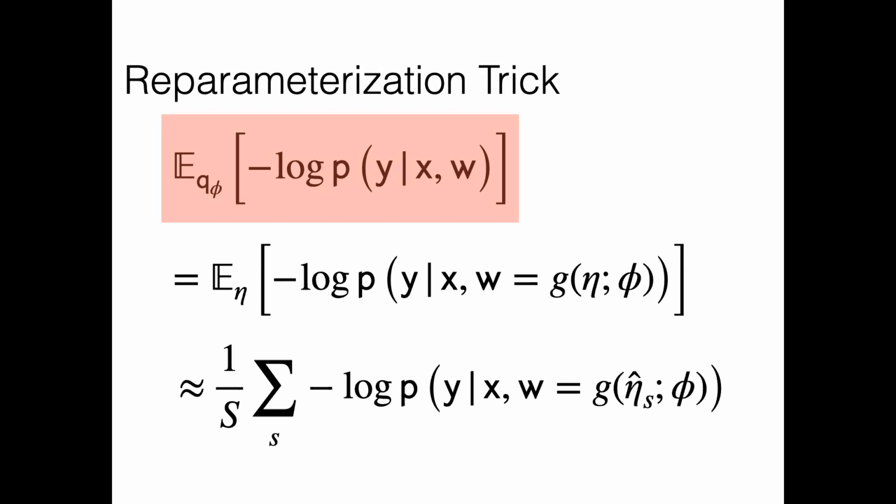If you assume we have some transformation that says, give me some random number from a fixed underlying distribution, and I transform it through g to get the weights, then I can write the gradient as follows: I sample some of these and compute the weights, but then backpropagate into these phi parameters, because these phi parameters are the parameters of the variational posterior that we need to learn.